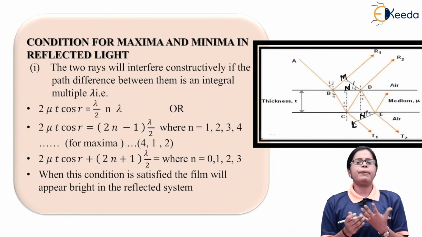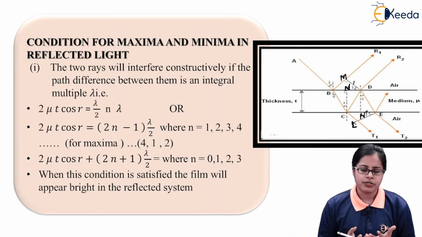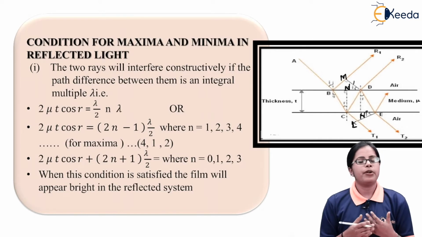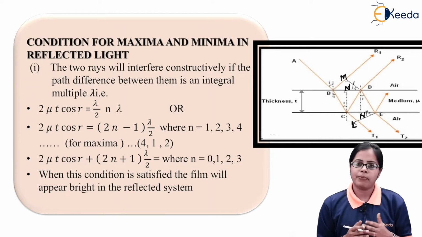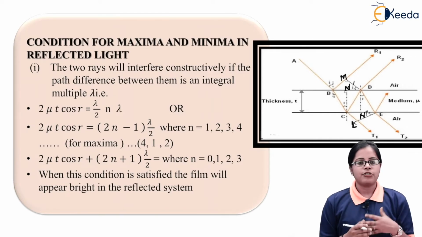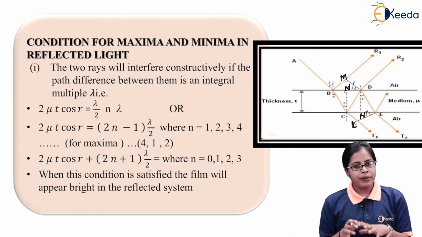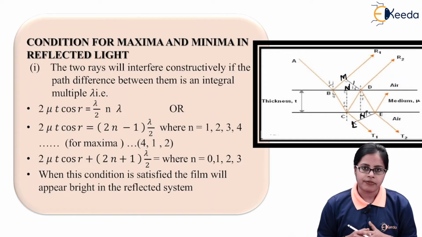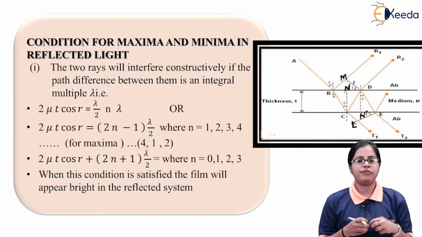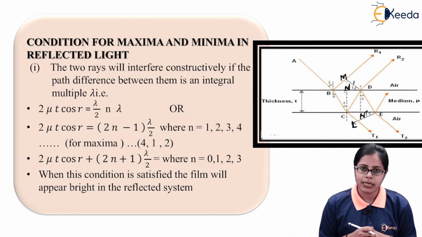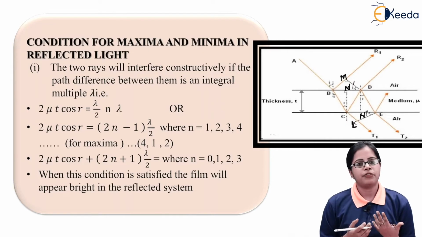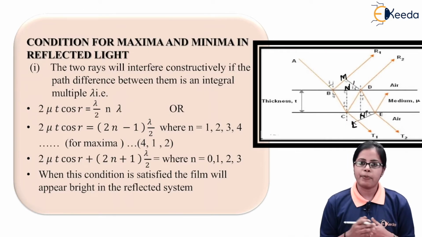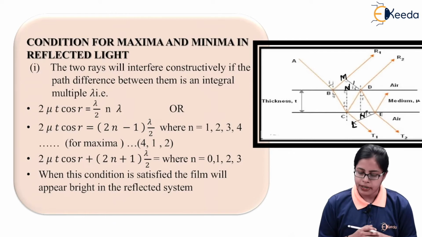So depending upon the optical path difference, which condition is getting satisfied by it, we are going to classify the conditions for the maxima and minima. So that is why to obtain the maxima and minima, we had calculated the optical path difference. Now using that value, we will find what are the conditions for maxima and minima, or the conditions for obtaining bright band and the dark band, that is the interference pattern.